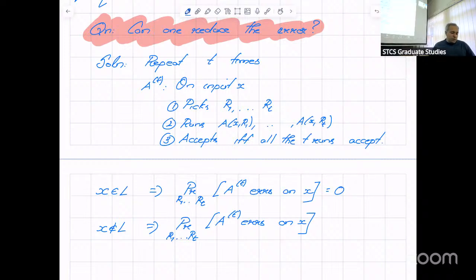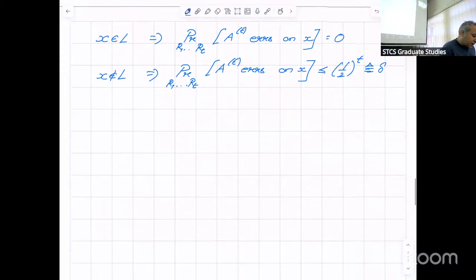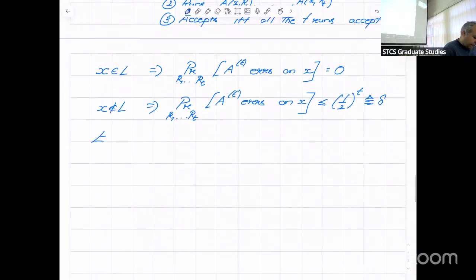1 over 2 to the t. So this is less than or equal to 1 over 2 to the t. So you have made the, and let's define this number to be delta. So we have this error reduction technique. We have reduced the error from half to delta, and delta being something like 1 over 2 to the t.